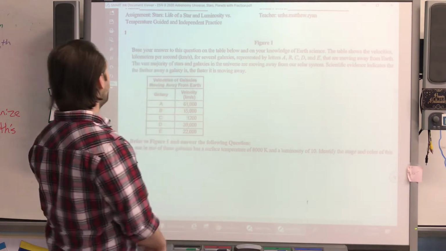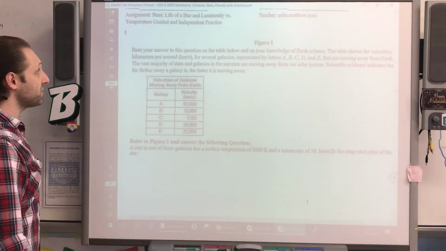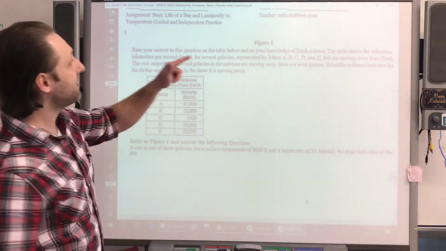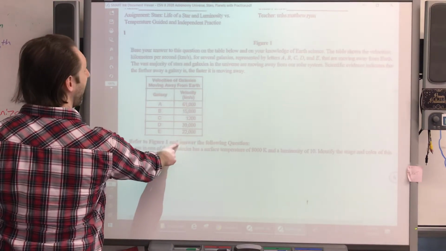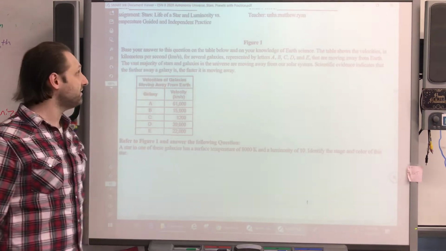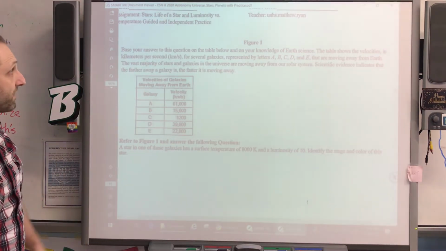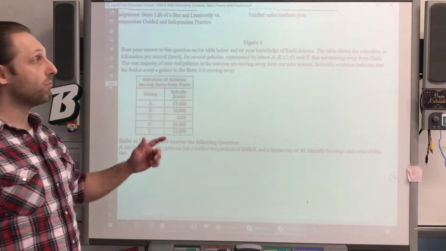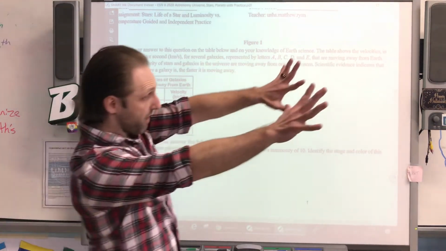All right, so base your answer to this question on the table below and your infinite knowledge of Earth science. The table shows the velocities in kilometers per second for several galaxies, represented by letter A, B, C, D, and E, that are moving away from Earth.